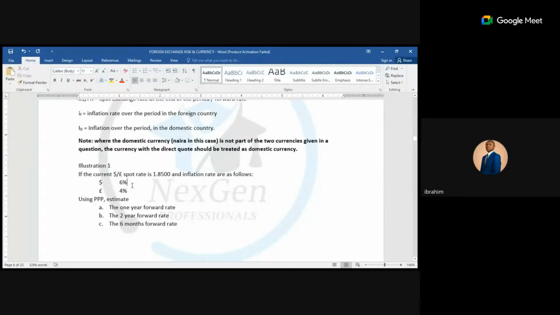You can see that the Nigerian currency is not here. You have dollar to euro. What it means is that the dollar will be 1.8500 to 1 euro. That is what it means.